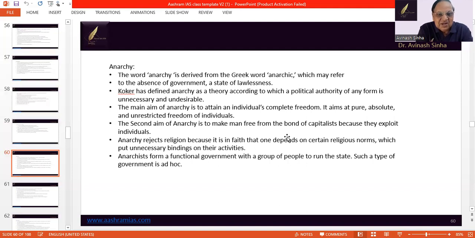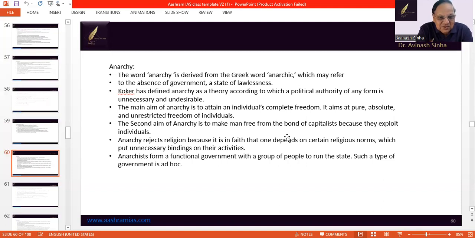The second aim of anarchy is to make man free from the bond of capitalists, because capitalists exploit the individuals. Anarchy rejects religion because it is in faith that one depends on certain religious norms, which put unnecessary bindings on their activities.